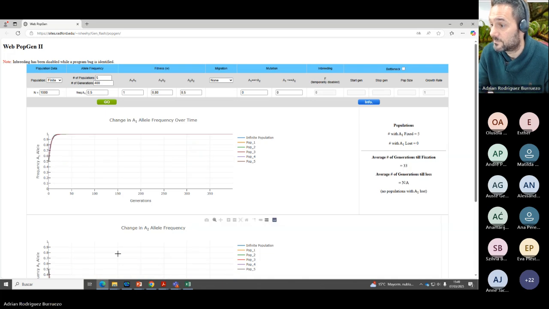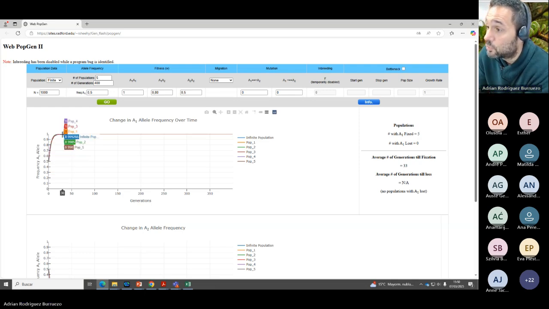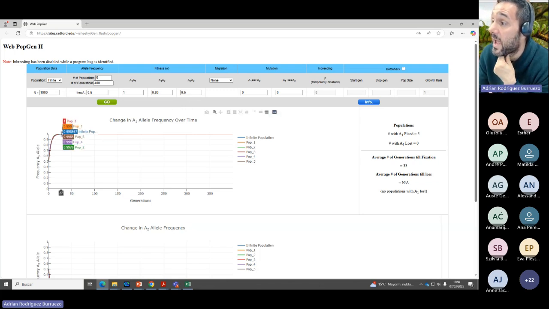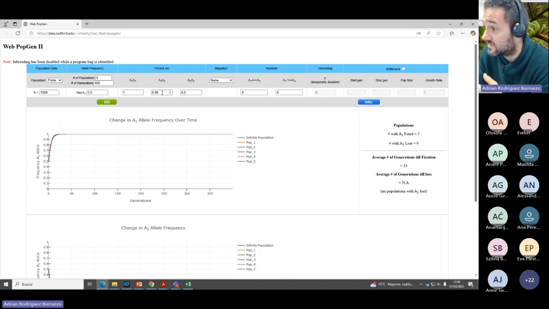You can see that in very few generations, in less than 30 generations, the 5 simulated populations have gone to the disappearance of the A2 allele, and as a consequence, the disappearing of A2 individuals. Maybe during this process they survive because they still have a good fitness in comparison to A1, which are the best.